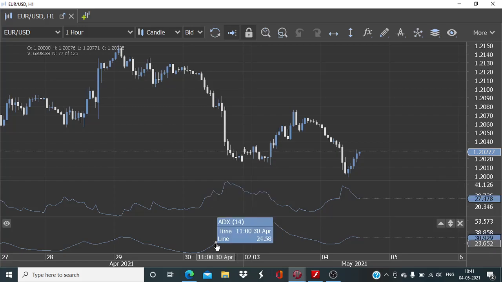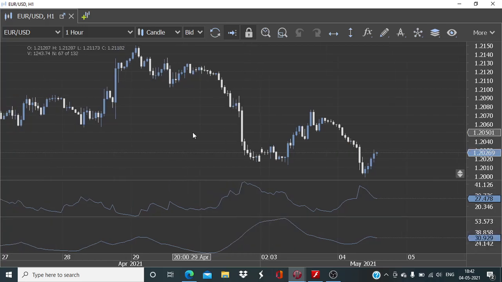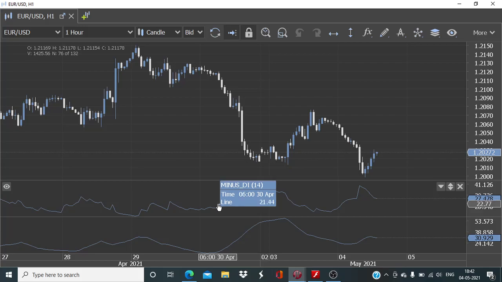And we are using this for the simple purpose of finding the strength of the trend. So we want the ADX value to be above 25 on the hourly time frame, and then whenever we have the minus DI value rising above 20 from below 20, we will be looking to initiate the sell trade.